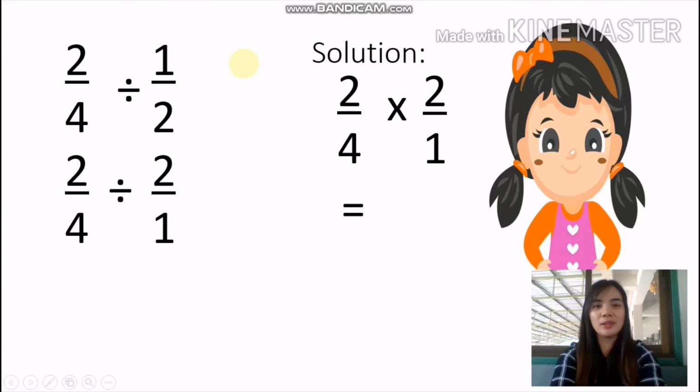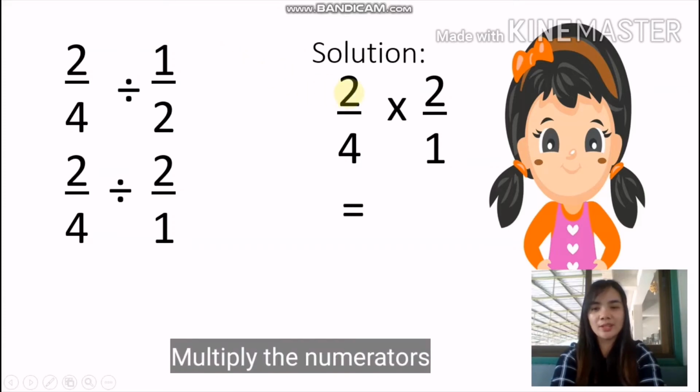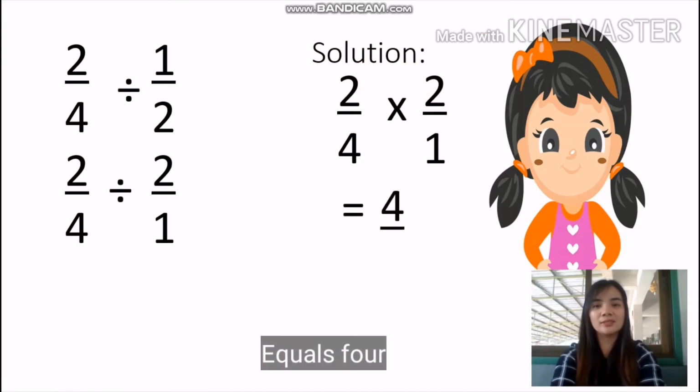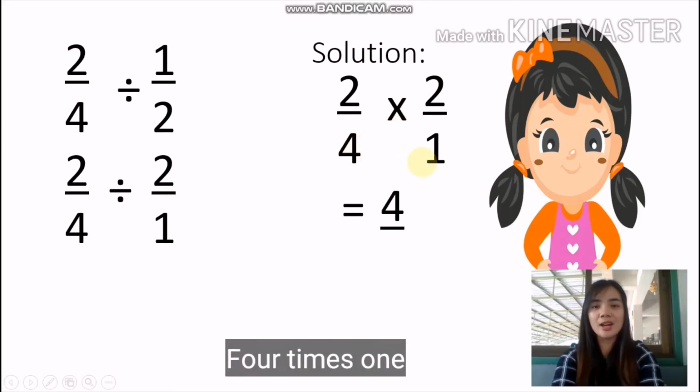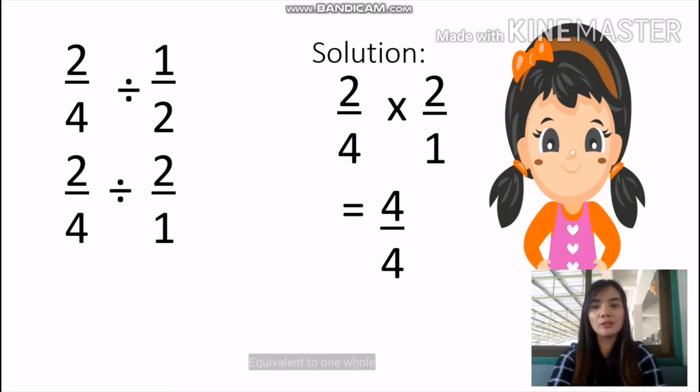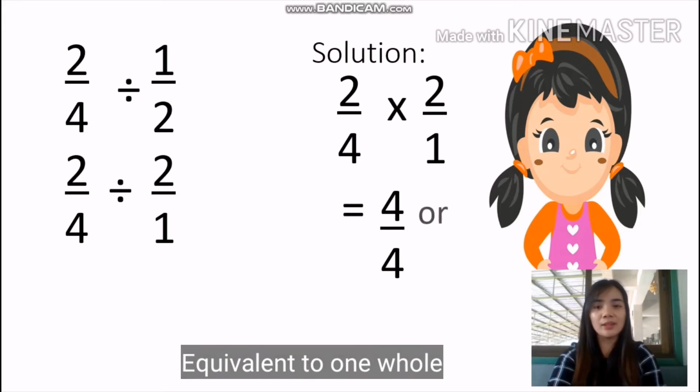We can multiply now both our numerators and our denominators. So 2 times 2, that is equal to 4. How about 4 times 1? That is equal to 4. Since this is 4 all over 4, that is equivalent to 1 whole.